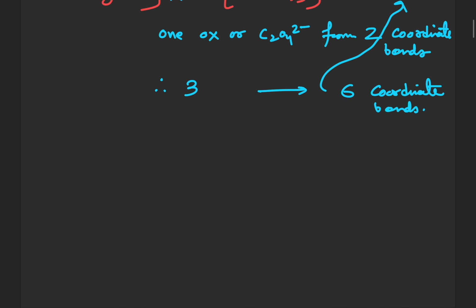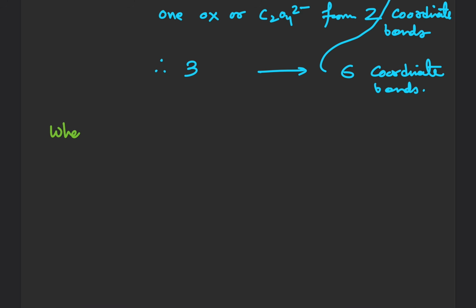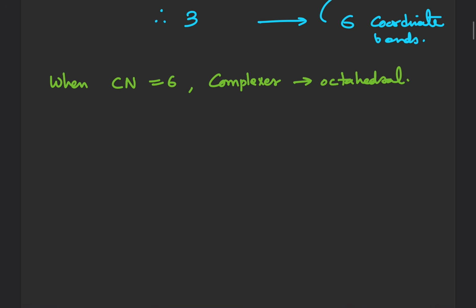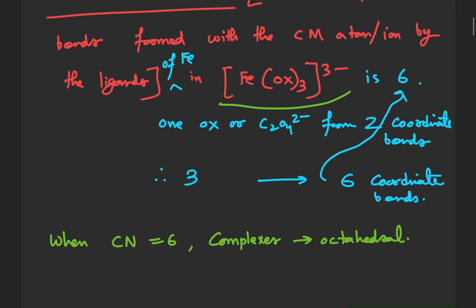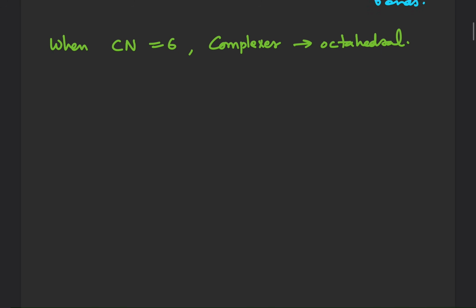And when the coordination number is 6, the complexes are octahedral. Very important. So [Fe(ox)3]3- is octahedral, and it will look something like this.